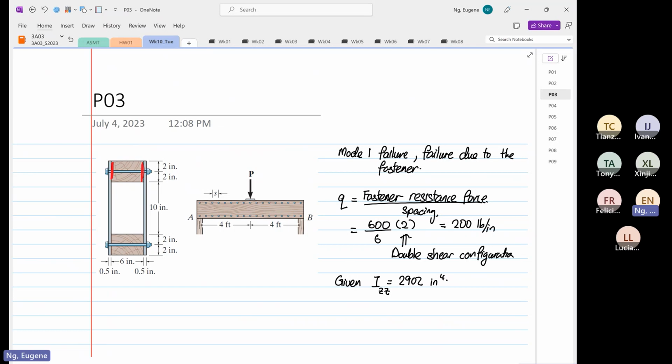As I said, I'm not going to calculate this all over again. And then the centroid can be found by observation. We know the centroid is exactly at the center.